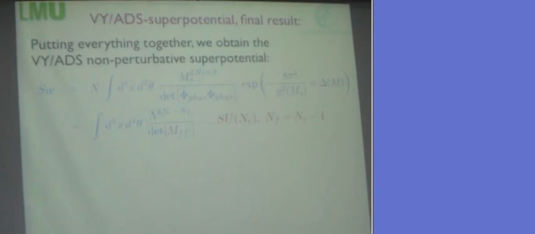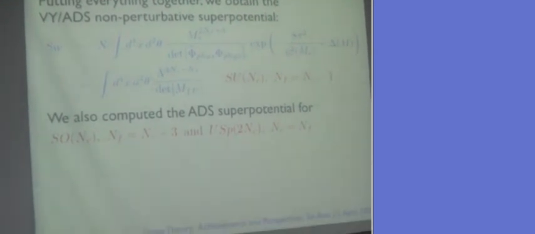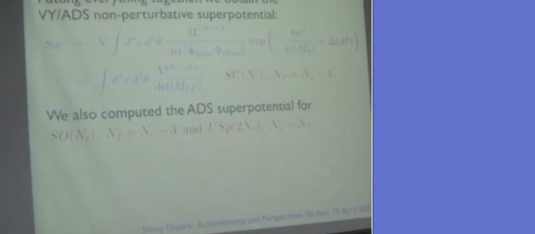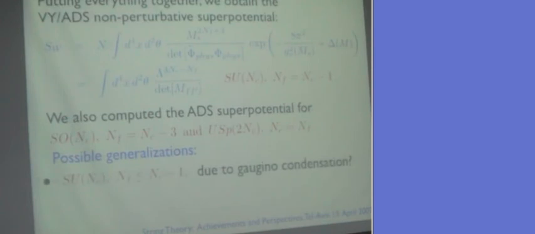Only in this case does the zero mode computation come out correctly, because we are computing a one instanton amplitude. And one can also now generalize this for orientifolds, for other gauge groups like SO(N). Here the constraint is like this, or for symplectic groups where the constraint correctly comes out like this. So you might think about possible generalizations.